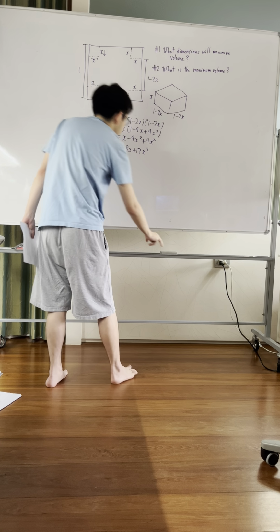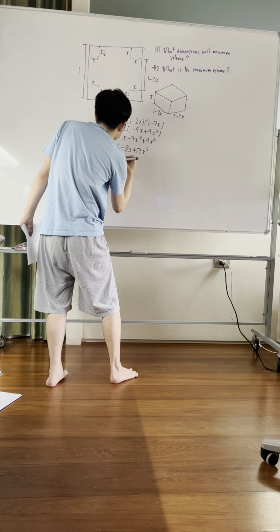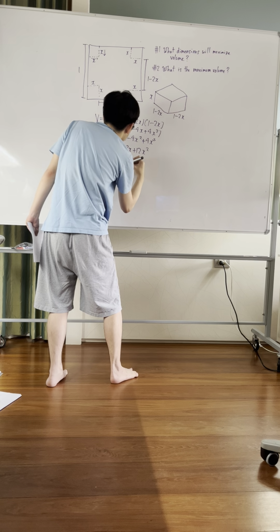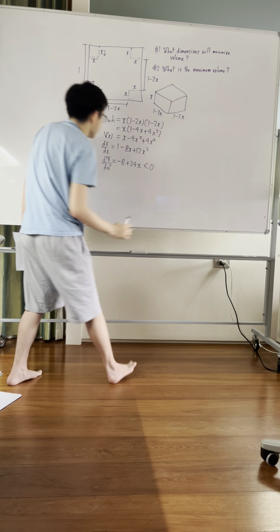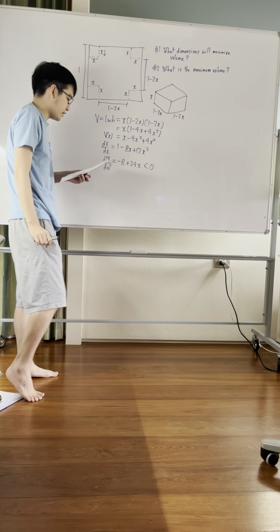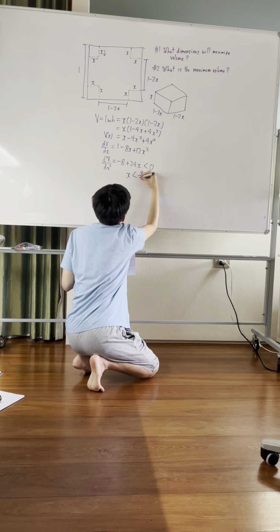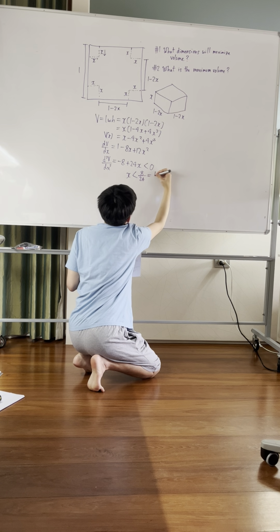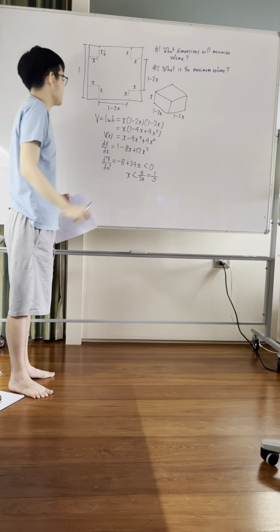And that is going to equal minus 8 plus 24x. So we want that to be less than 0. If we solve that inequality, we'll get that x will need to be less than 8 over 24, which is equal to 1/3. So that would be useful to us.